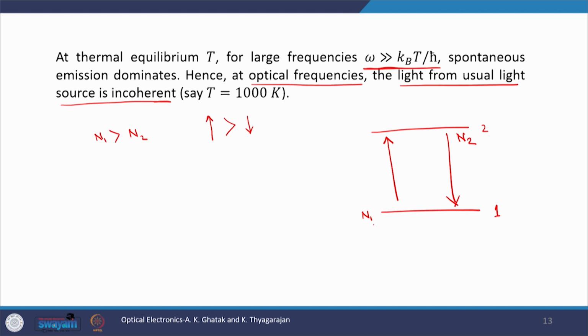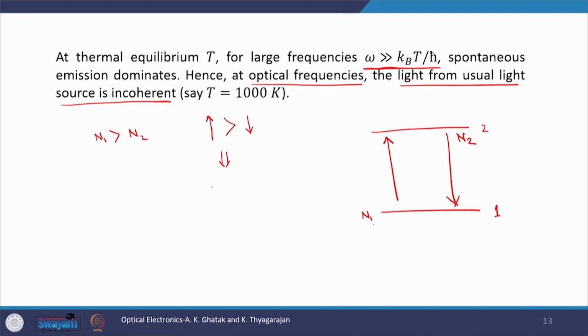Because the upward transition rate is larger, the number of electrons getting transited to the upper energy state, energy level 2, per unit time would be larger. This will lead to a situation where N1 would be almost equal to N2.